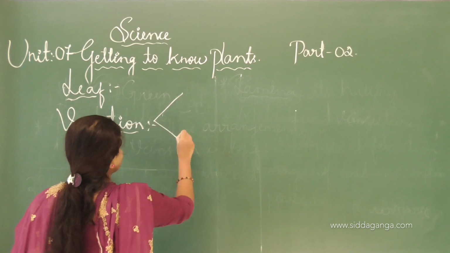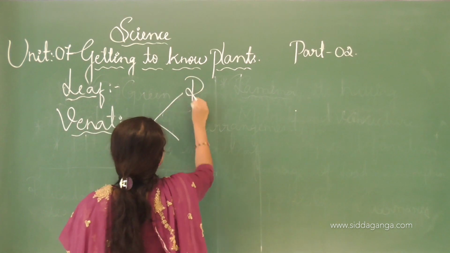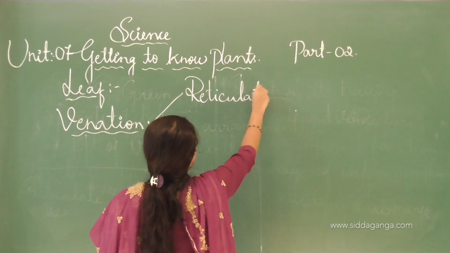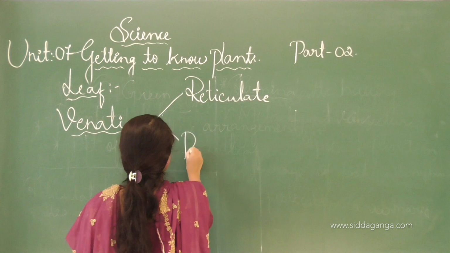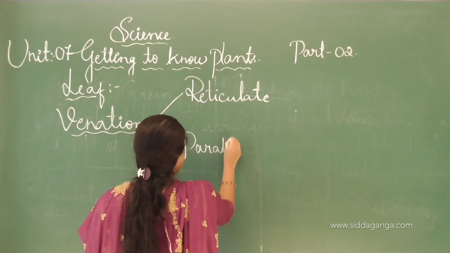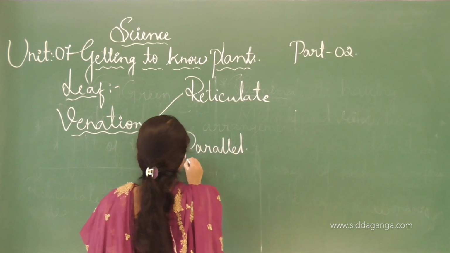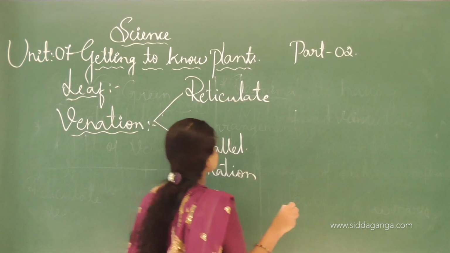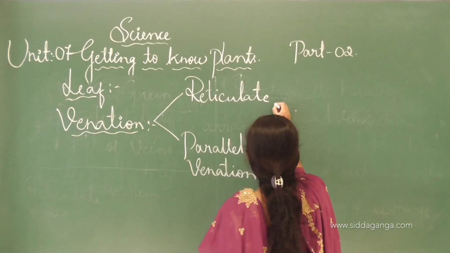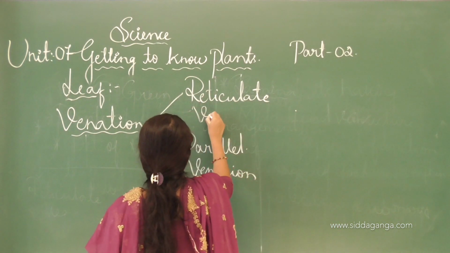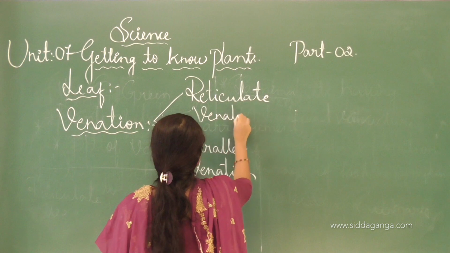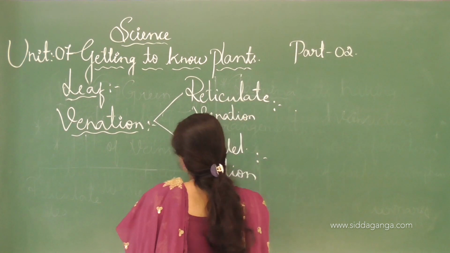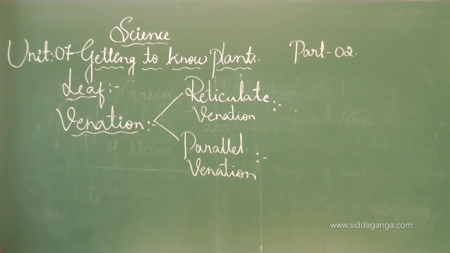There are two types of venations: reticulate venation and parallel venation. First one is the reticulate venation.